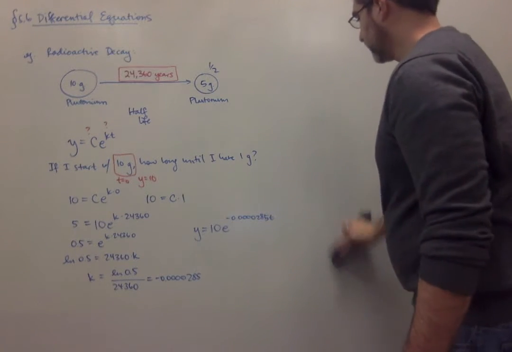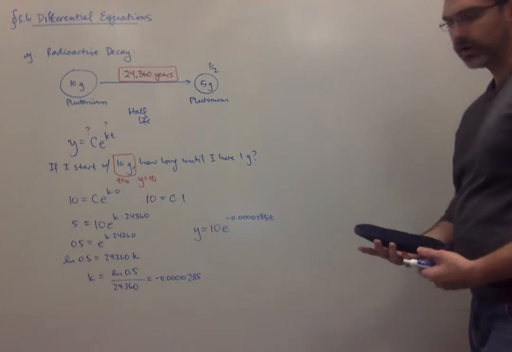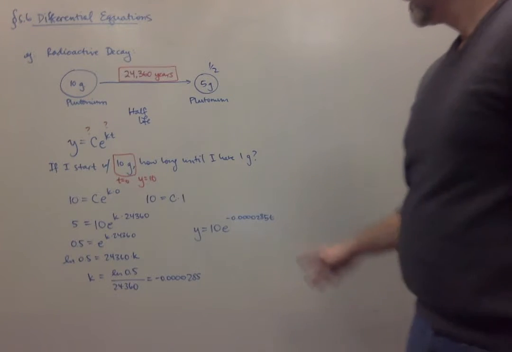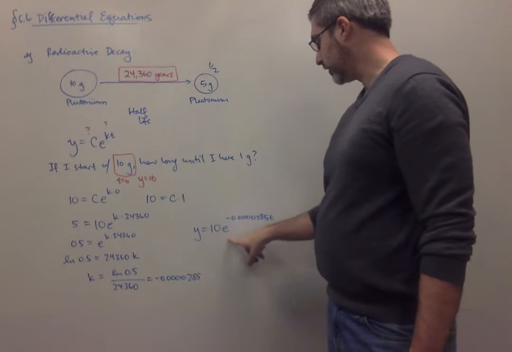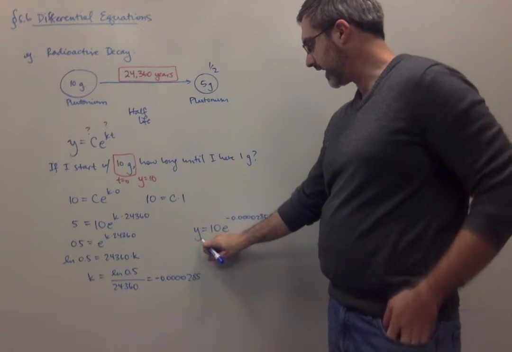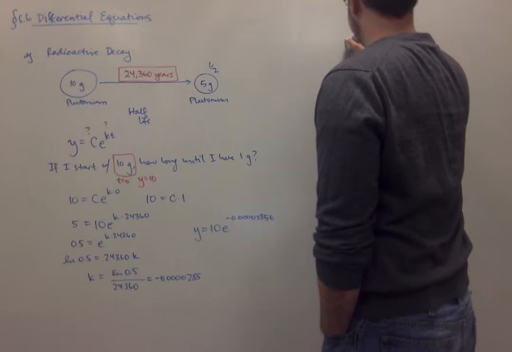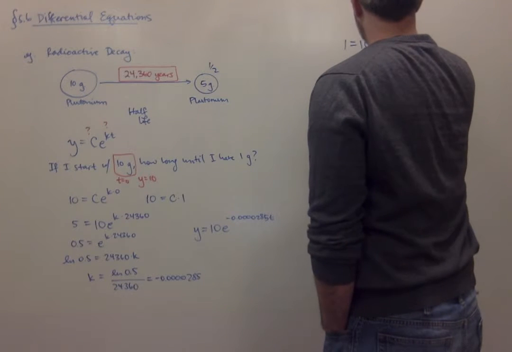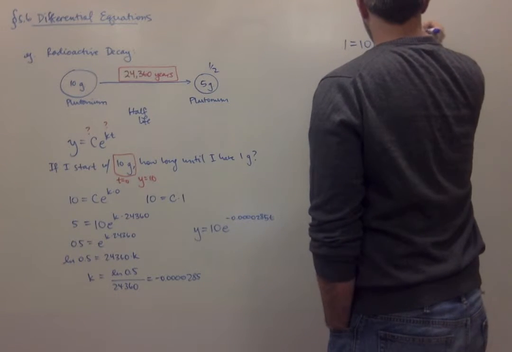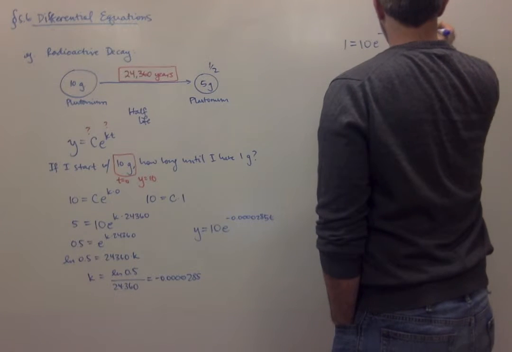Now I haven't answered my question yet. My question asks me, how long do I have to wait until I have 1 gram? Well, the way that I'm going to get that is I'm going to plug in 1 right here for y, and then solve for the time.